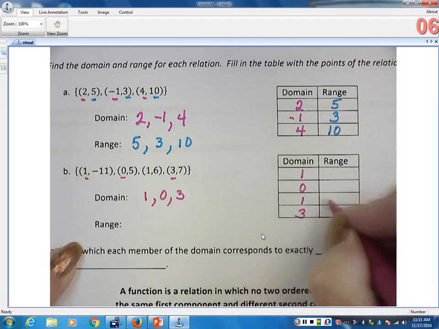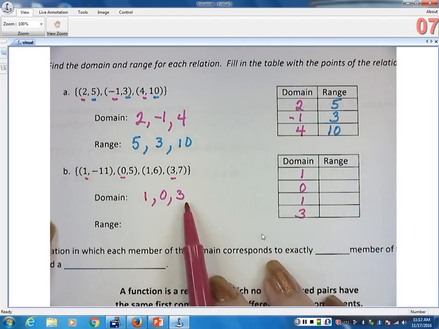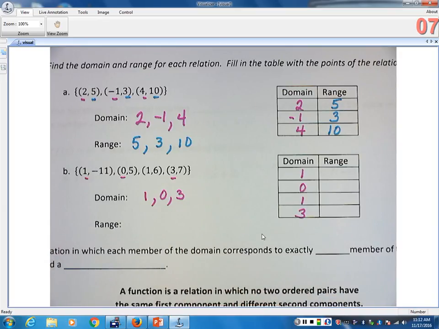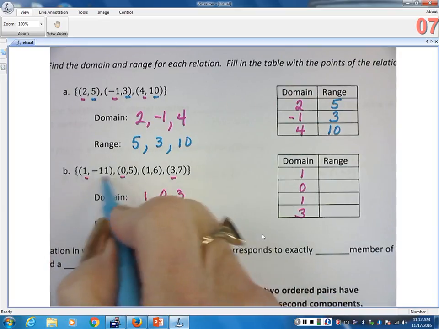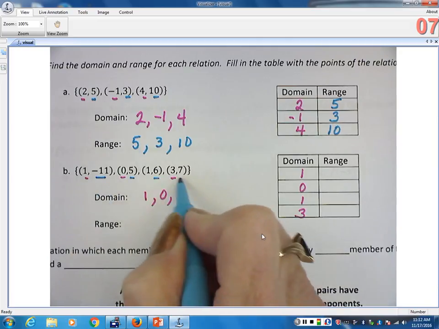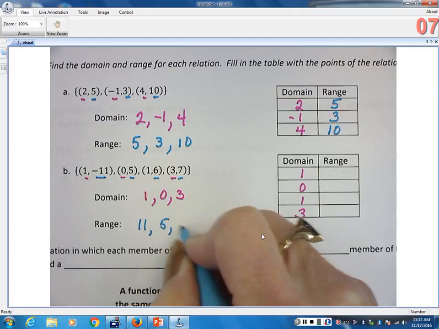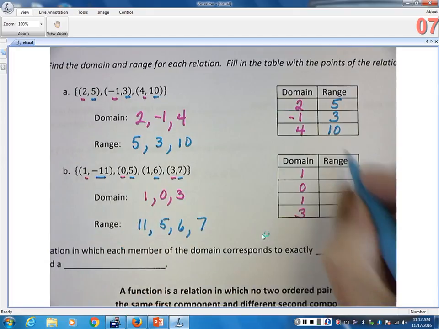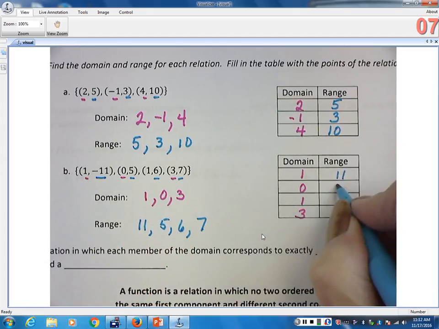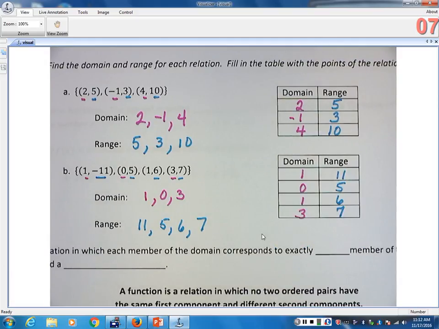So even though it's in there twice, I'm going to put it in the table twice, but actually it doesn't get repeated in the domain. The range, on the other hand, is 11, 5, 6, 7. Okay?